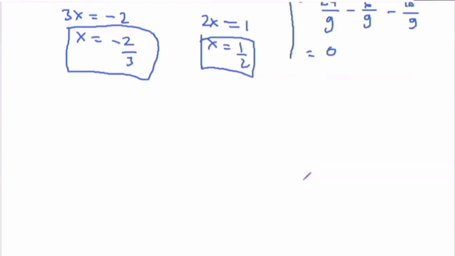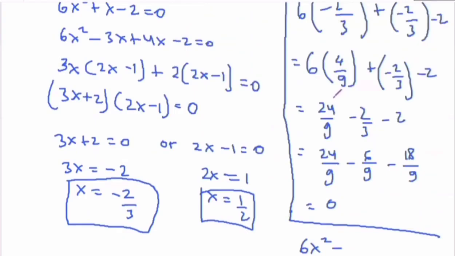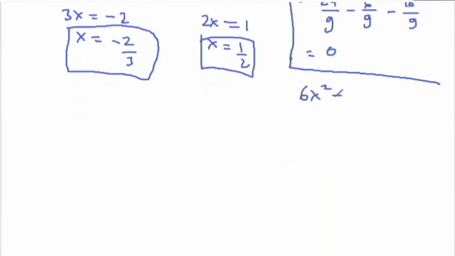What about half? Is 6x squared plus x minus 2 equal to 0 or not? Then we check it: 6 times half squared plus half minus 2.